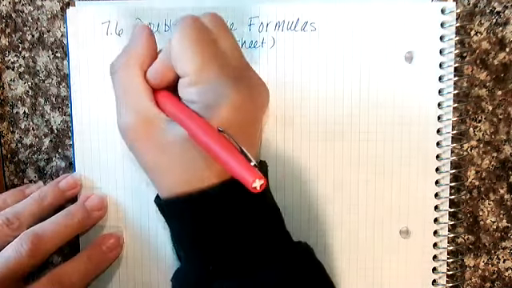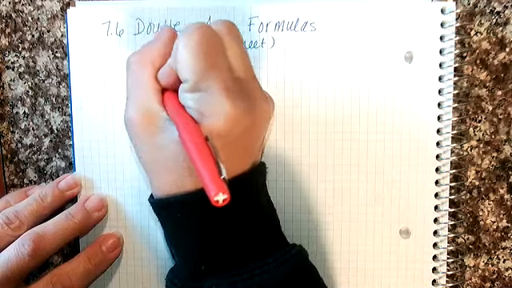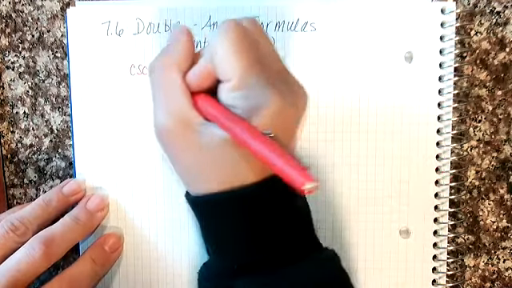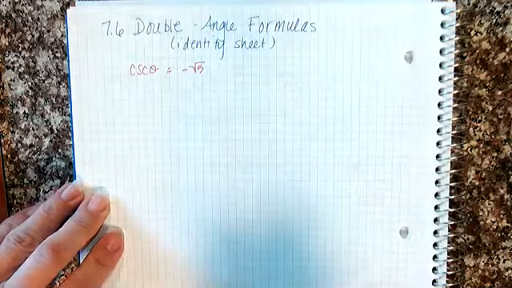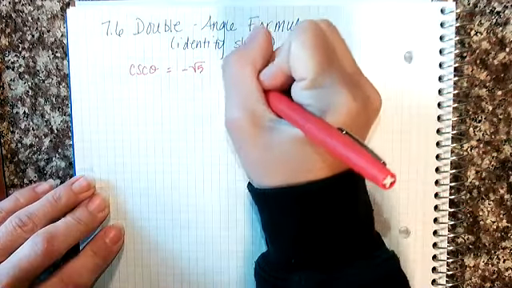So I'm going to look at something like, given that the cosecant of theta is negative root 5 and the cosine is less than 0.